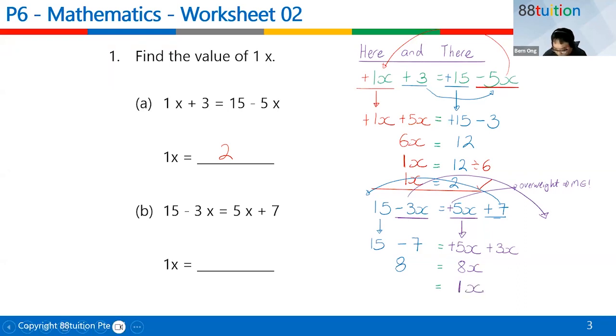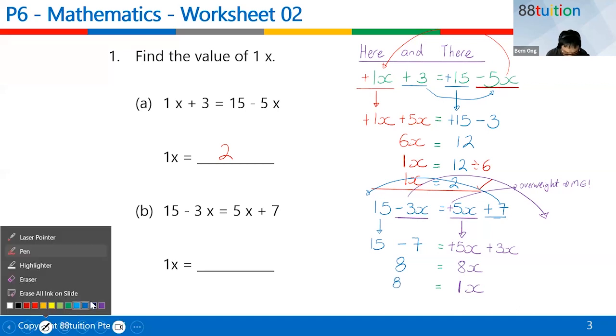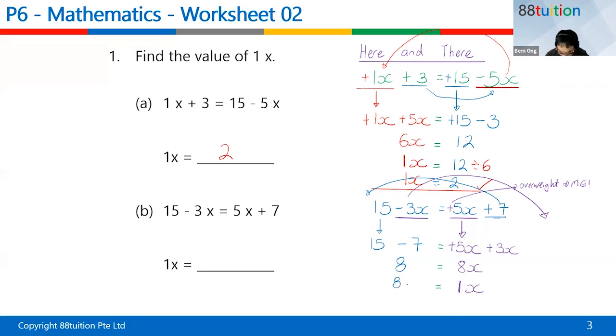So 8x is equal to 8, so x will be equal to 8 divided by 8. That will give you x is equal to 1. And that's your answer.